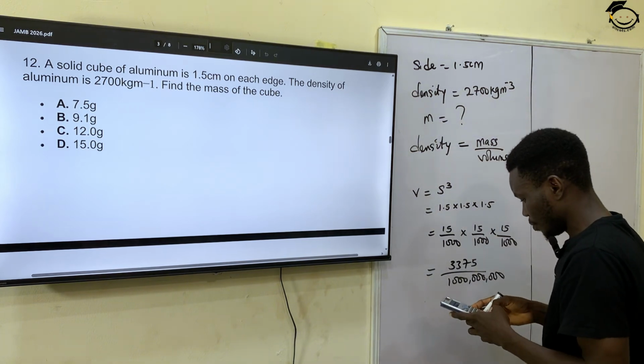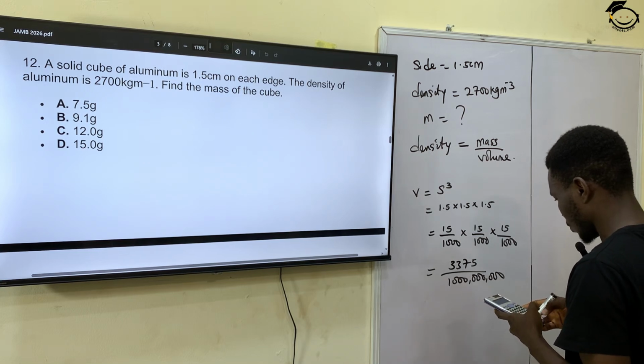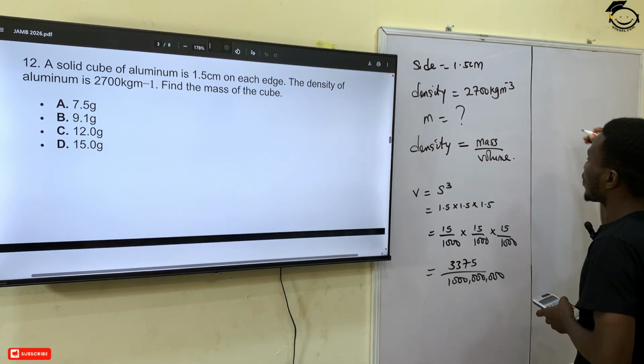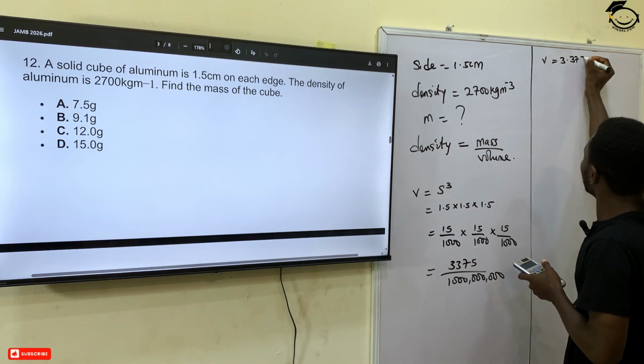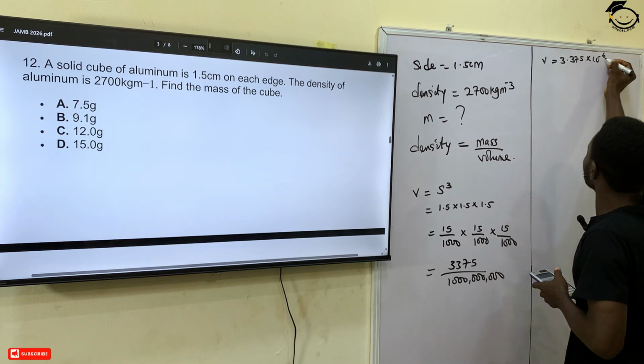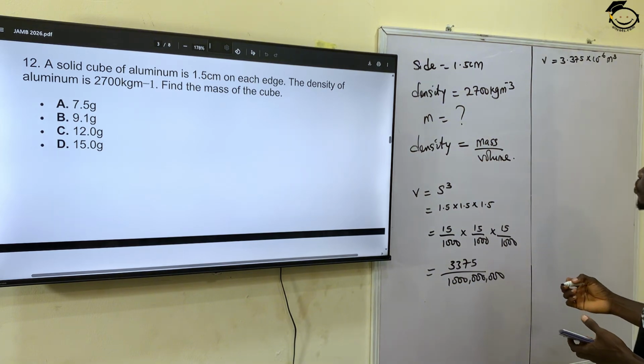So if I divide, it means my volume is going to give me 3.375 times 10 raised to the power minus 6 meters cube. So I've gotten my volume.